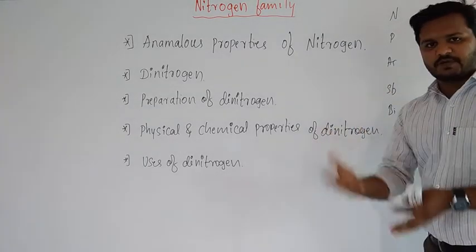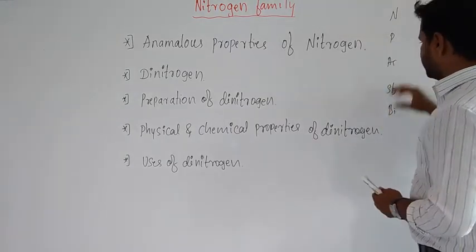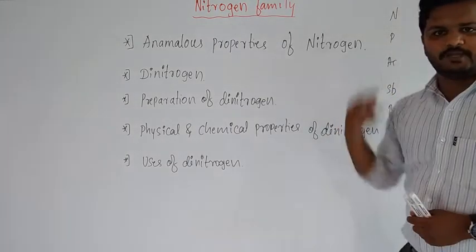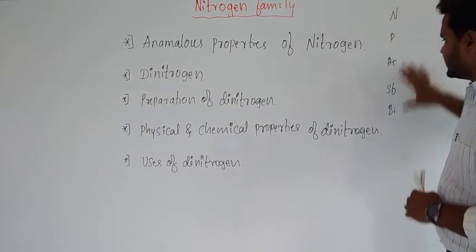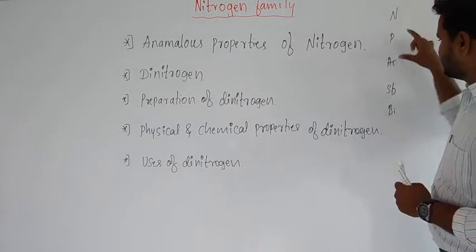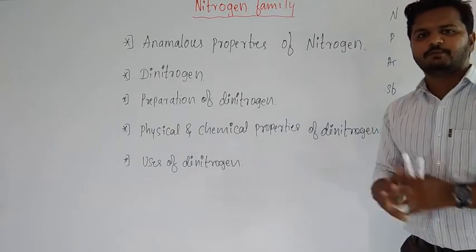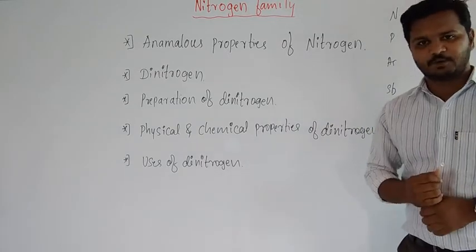To exhibit different properties than the rest of the members of group 15 is called anomalous property.